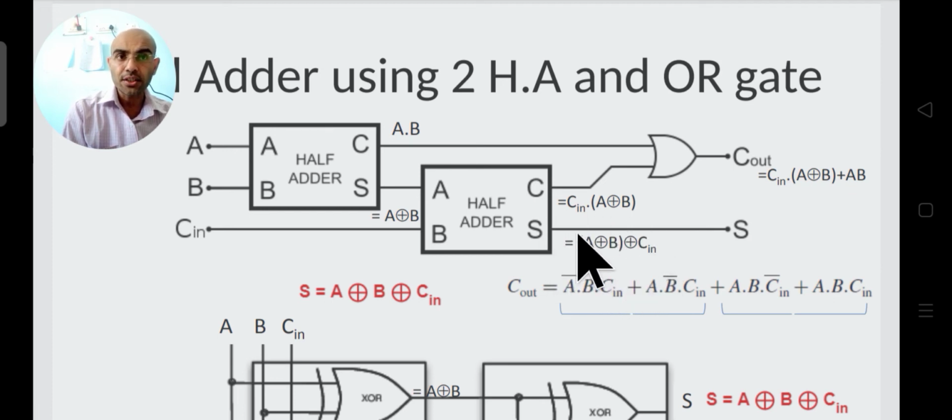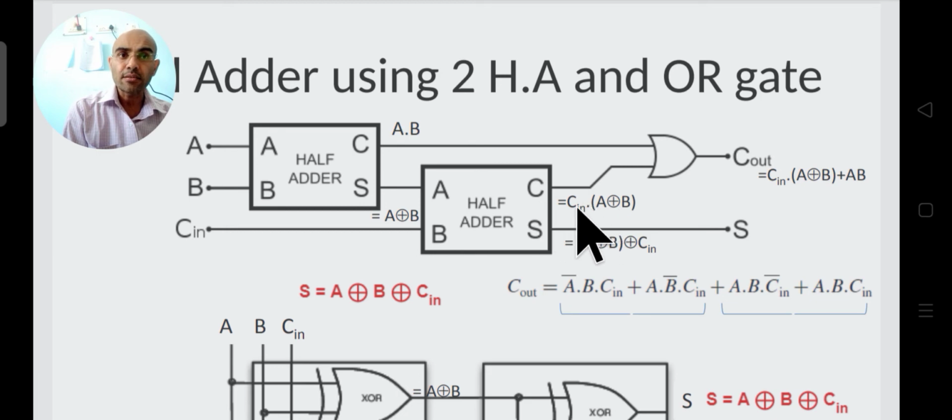So this function gives you that: if you connect the half adders in such a fashion, and connect the sum output of the first half adder to one of the inputs of your second half adder, and then take the output of the second half adder, you get the sum expression for the full adder. And similarly you can see the other input as seen here, and this will become, because this input is x and it is A XOR B.